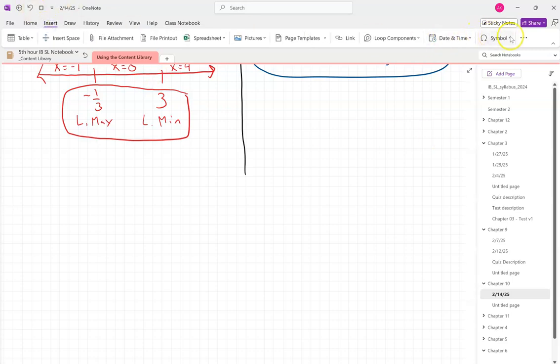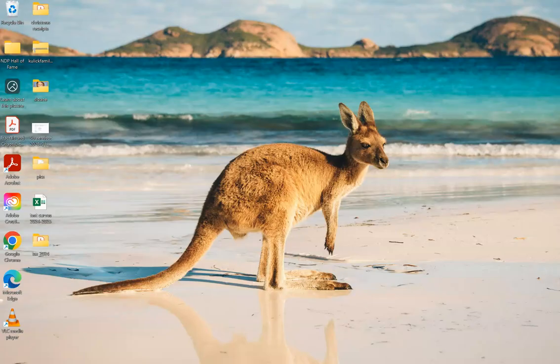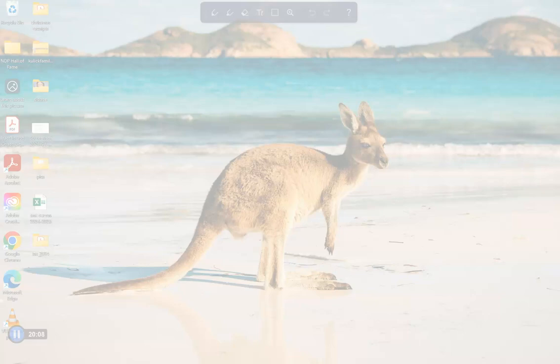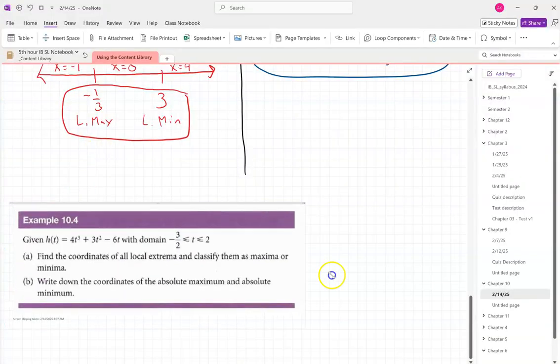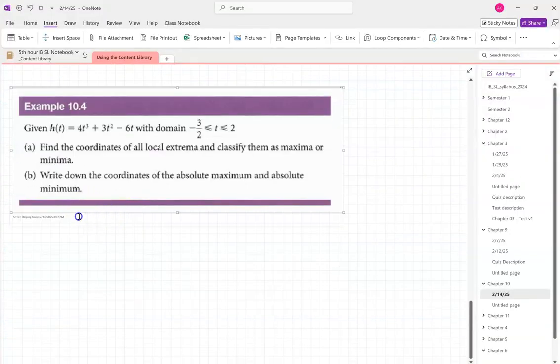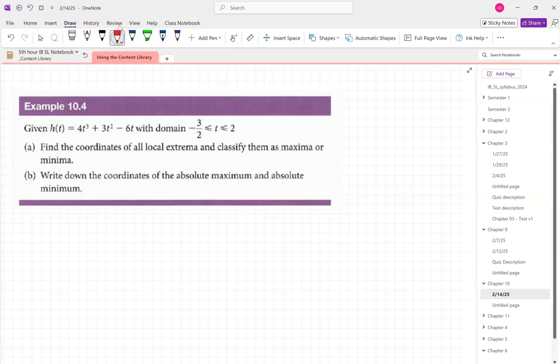Okay, let's do another. It says given h of t equals 4t cubed plus 3t squared minus 6t with domain negative 3 over 2 less than or equal to t less than or equal to 2.